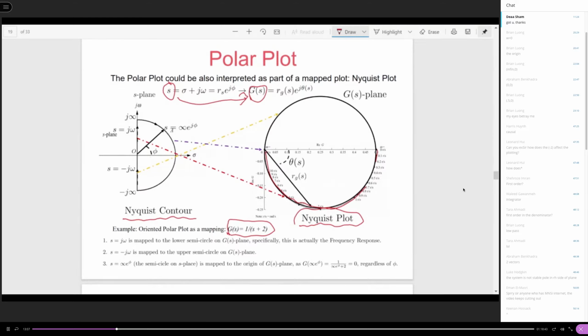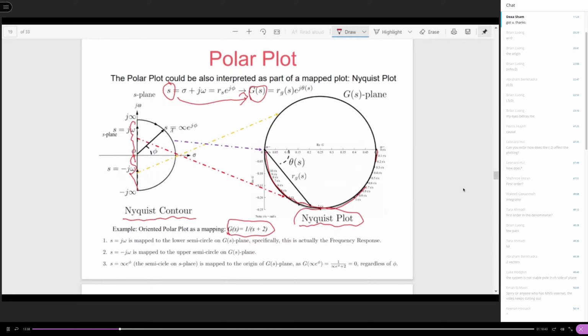Apparently this part is mapped to the lower part. You see, we already got this down. So it's not surprising to see that the lower part, the minus j omega frequency part, is going to be mapped to the upper semicircle by the symmetric property of the complex function.